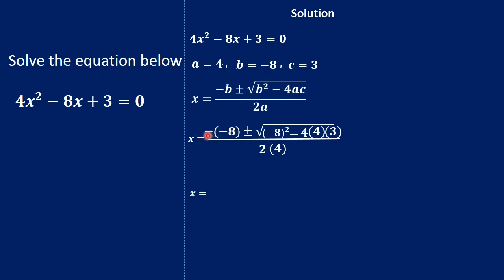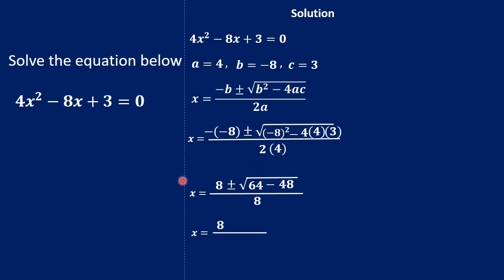So two negative signs will give us positive 8 plus or minus square root of negative 8 squared is 64 minus 4 times 4 times 3 is 48, and then 2 times 4 is 8.